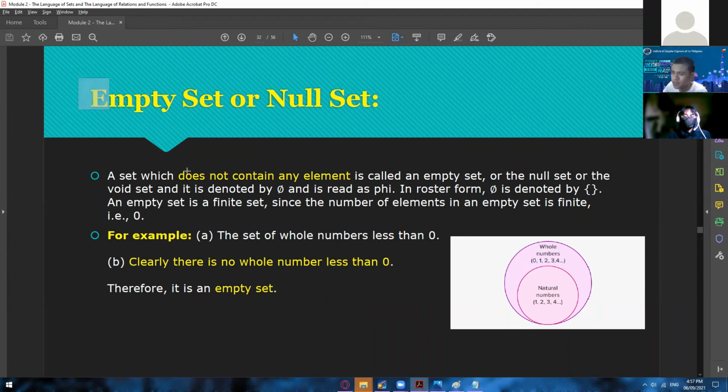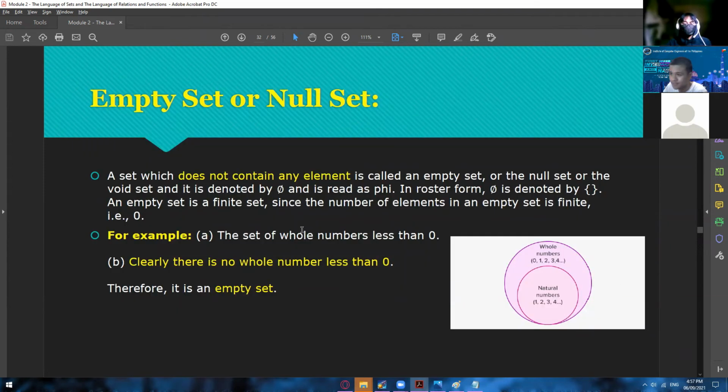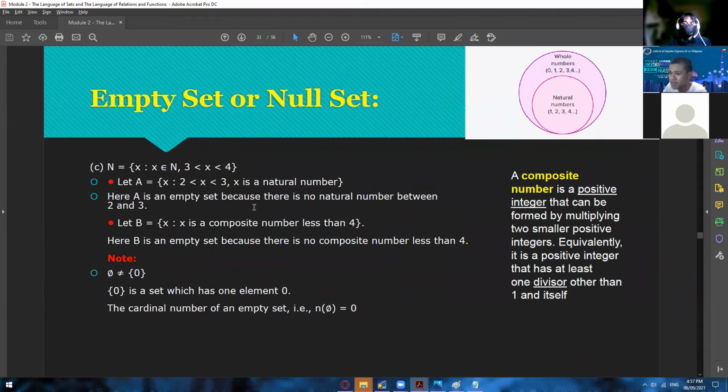So I think this one is quite easy to understand. Anyway, let's have another example. We have this set A, where x is an element of N, wherein x is greater than 3 and x is less than 4. So N here is actually natural numbers.